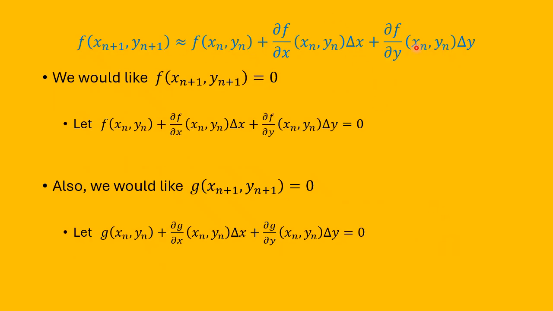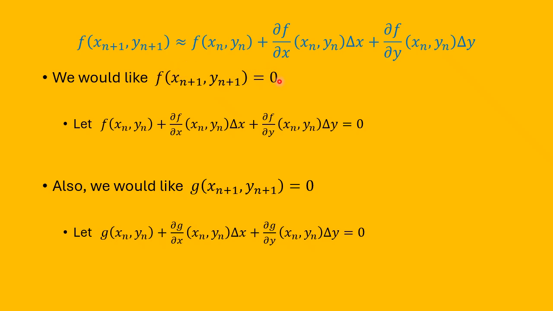So here's the equation that we saw for f of this point earlier. And what we would like to do is to find a better approximation, (xn+1, yn+1). In an ideal situation, we'd like f of this point to be 0.